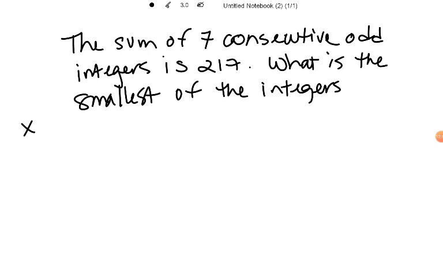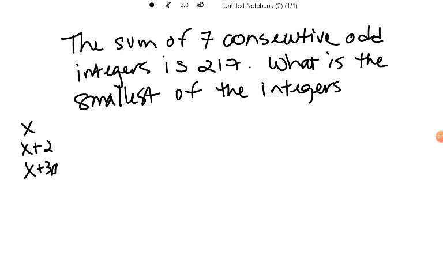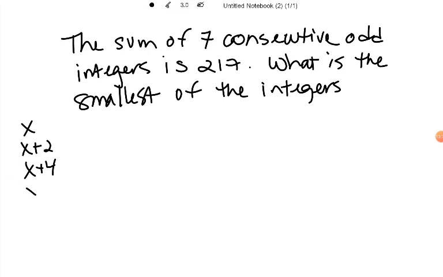So we have x, x plus 2, x plus 4, x plus 6, x plus 8, we have 1, 2, 3, 4, 5, 6, and 7.